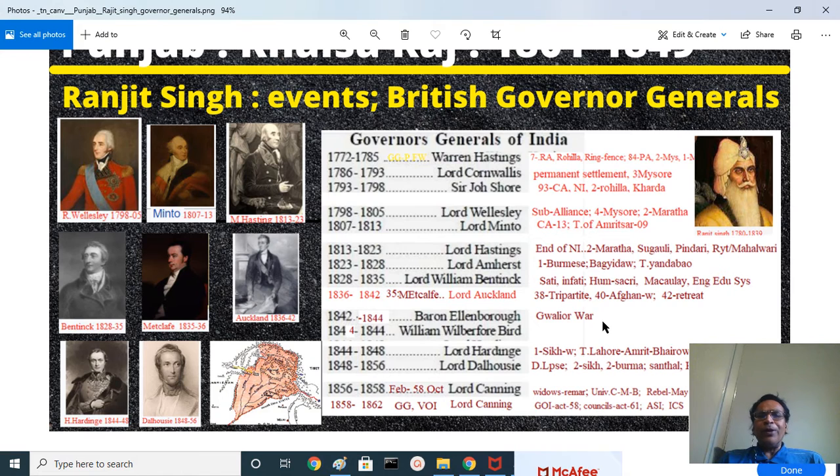The important thing we need to keep in mind during Bentinck's time is that Governor-General Lord Bentinck was also, for some time, governor of Madras Presidency. Before that, he met Maharaja Ranjit Singh on the Sutlej River at a town called Rupnagar or Ropar, a few kilometers away from Ambala, that is today's Chandigarh and so on.